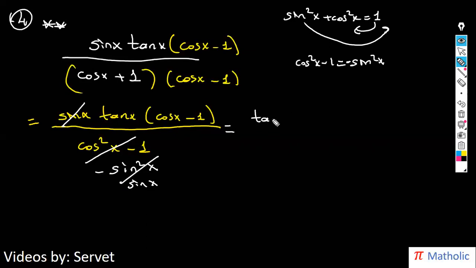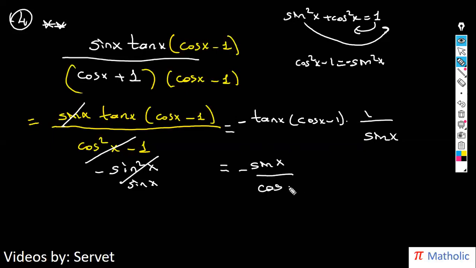Let's rewrite everything. Up I have tangent x. In the bracket you have cosine x minus 1. Let's put this minus up over here. And down you have sine x, which can be written as 1 over sine x. So let's continue. As you know, tangent can be written as sine over cosine.